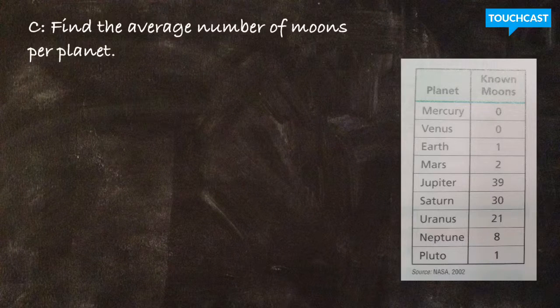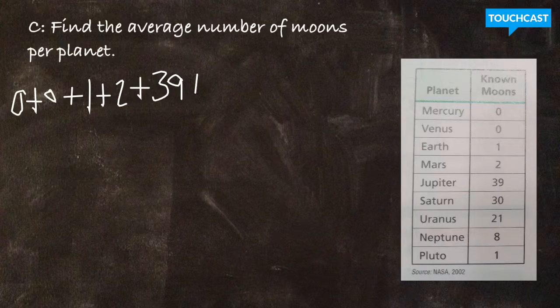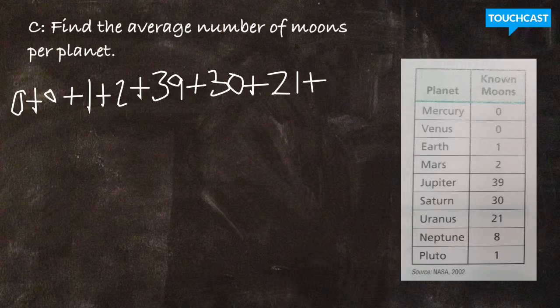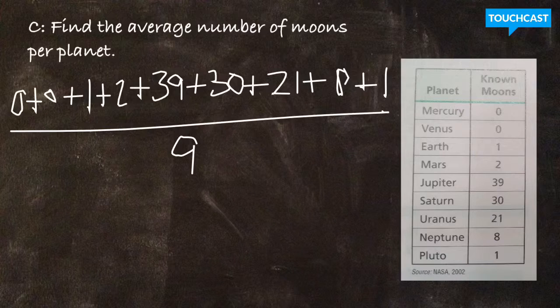We're going to have to go 0 plus 0 plus 1 plus 2 plus 39 plus 30 plus 21 plus 8 plus 1, divided by, in 2002 we had 9 planets, so we divide that by 9.